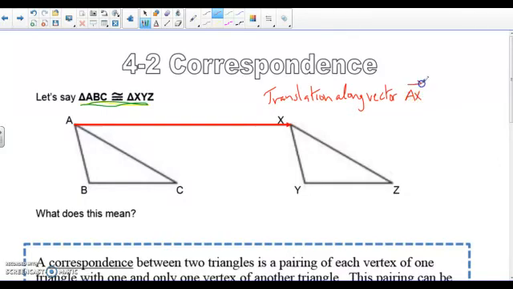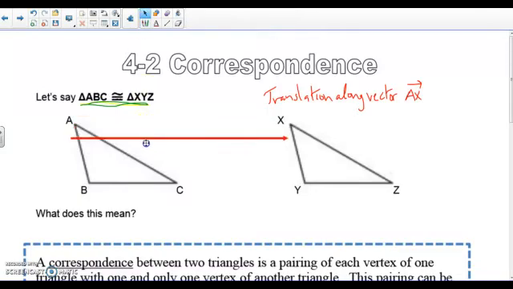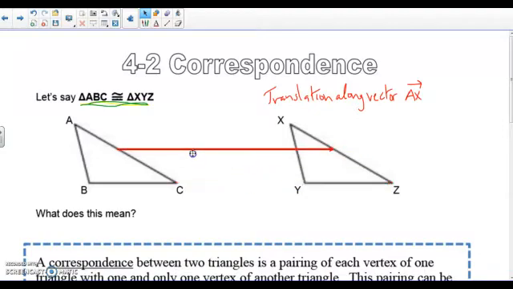Remember that little symbol for vector, we can use that arrow. So this vector maps A to X, it maps B to Y, and it maps C to Z. And actually we can put it anywhere on these triangles, and it will map every pre-image exactly to the image.